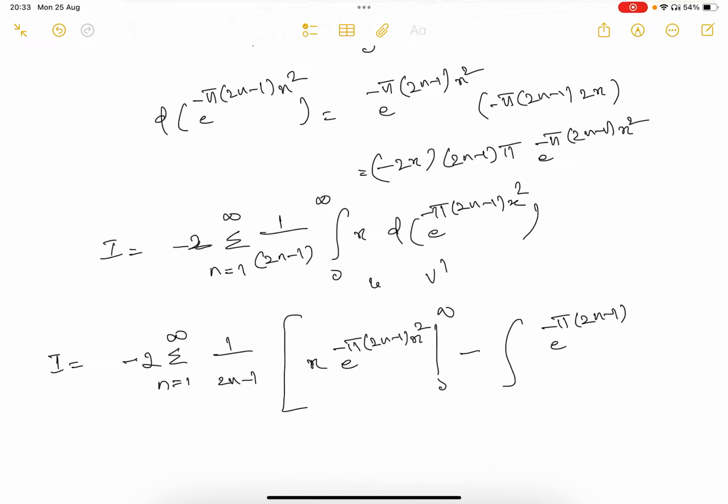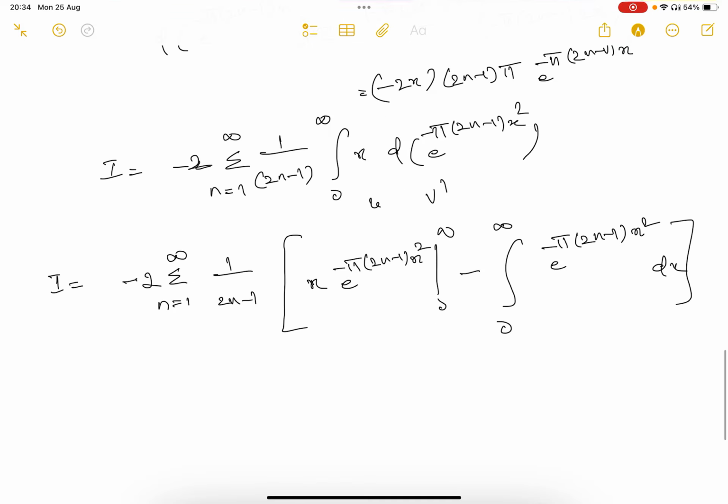This is v, and u dash will be 1, dx, 0 to infinity.